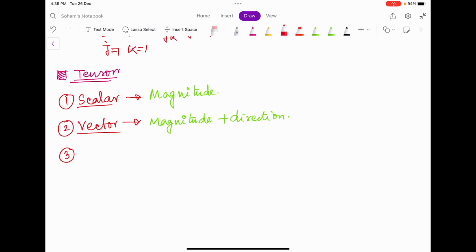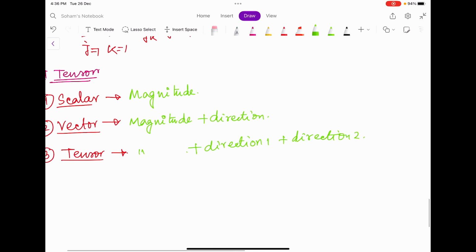Okay, so then we have tensor. So tensor will have magnitude obviously, plus maybe direction 1 plus direction 2.